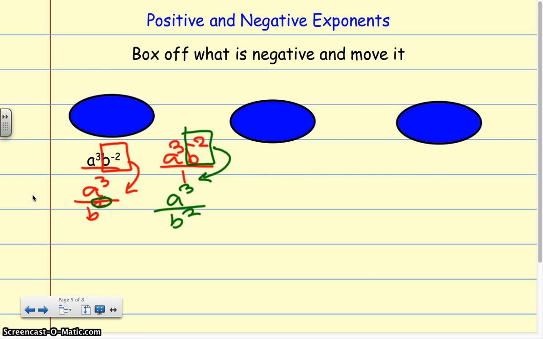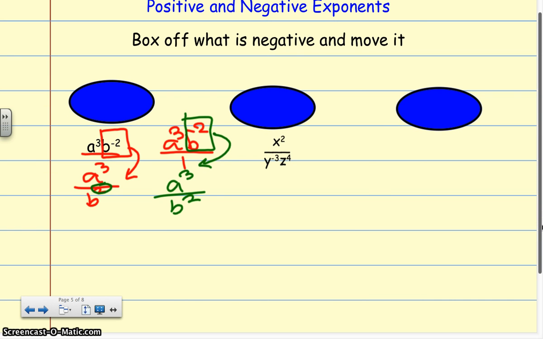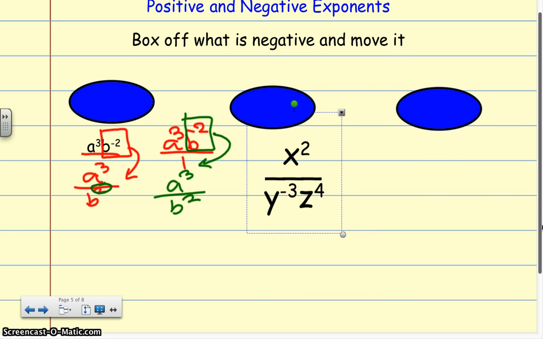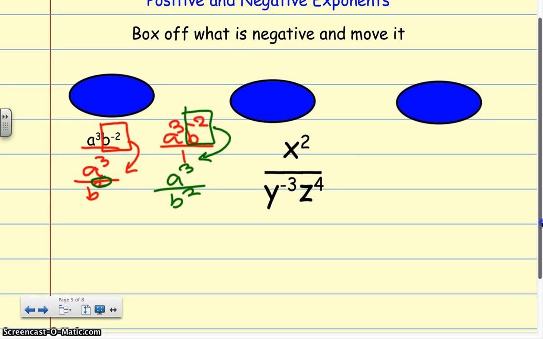Next, x squared over y cubed z to the 4th. I'm going to enlarge this a little bit so you guys can see. There you go. Now what you should be asking yourself is, what has the negative exponent?